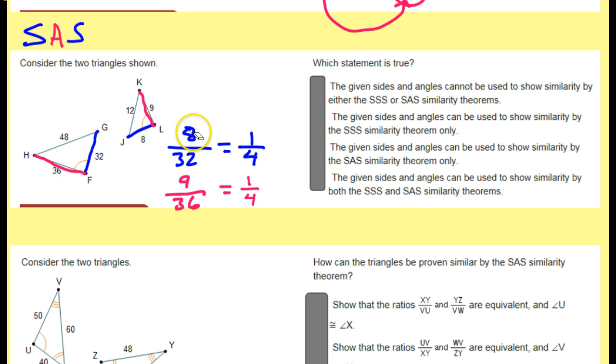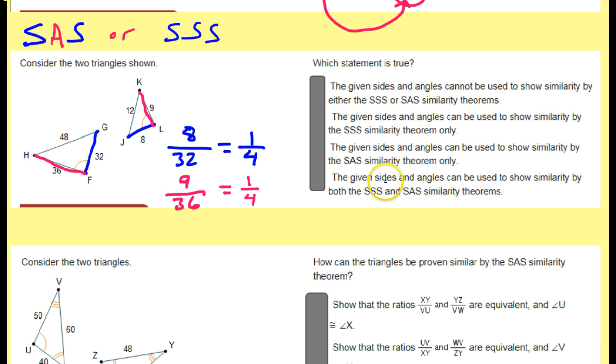So we have the pink sides proportional and the blue sides proportional, and the included angle is congruent. So that's side, angle, side. So we could have proved that these triangles were similar using either of the two methods, side, angle, side, or side, side, side.